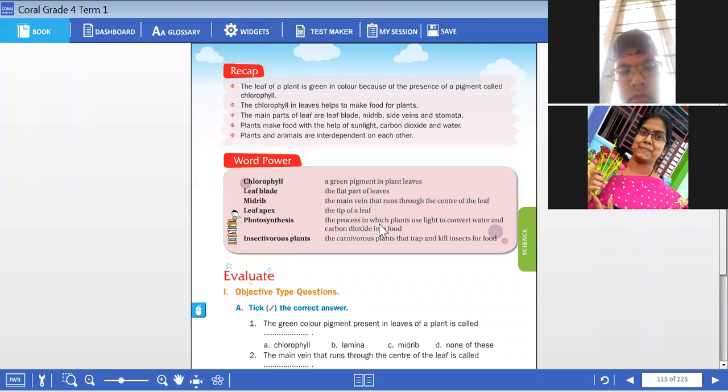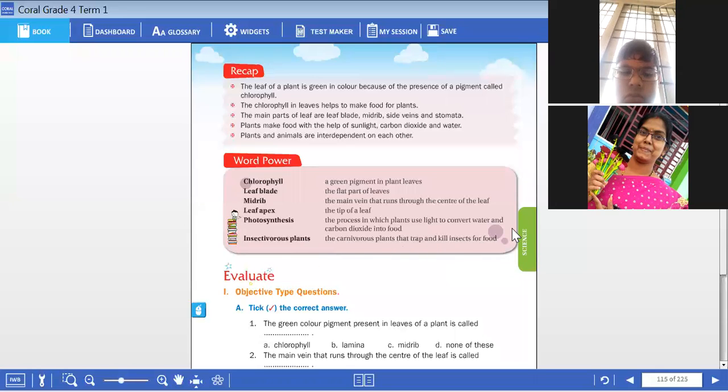Photosynthesis, you might have noted the definition clearly, even though here they have given another definition for you: the process in which plants use light to convert water and carbon dioxide into food. Insectivorous plants, the carnivorous plants that trap and kill insects for food.